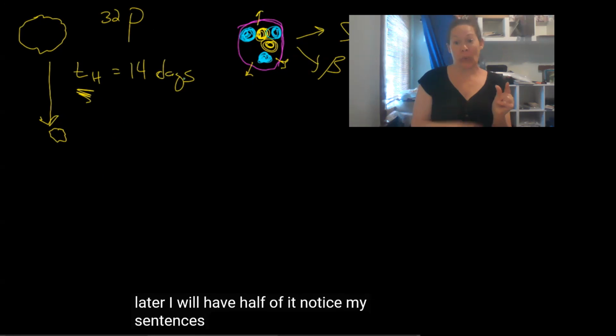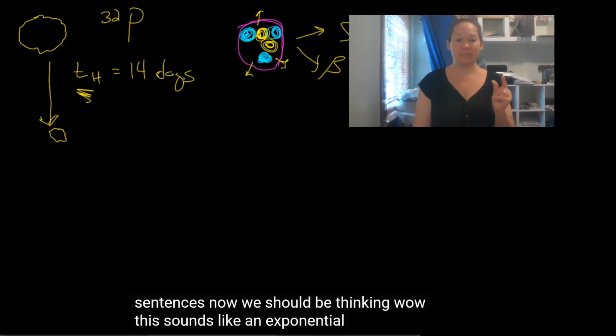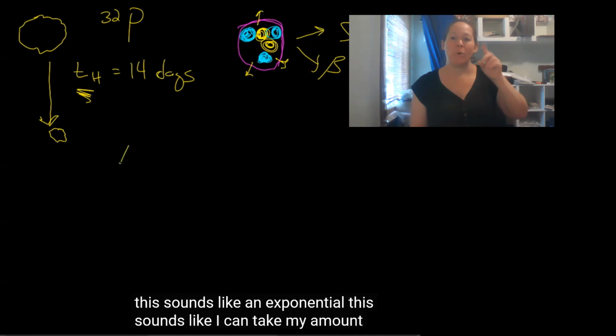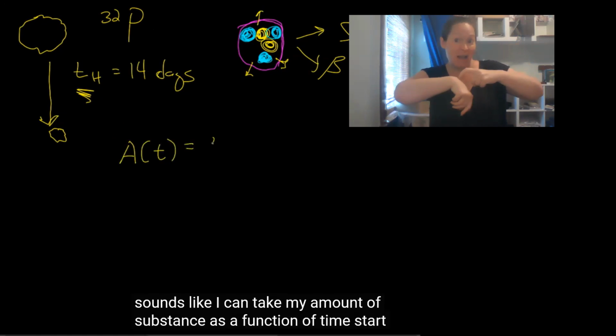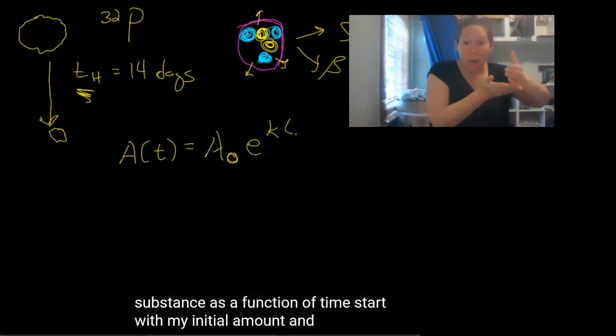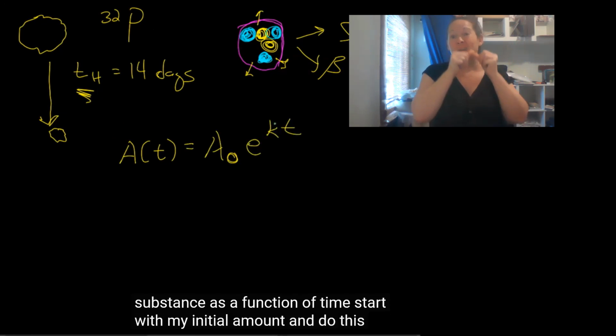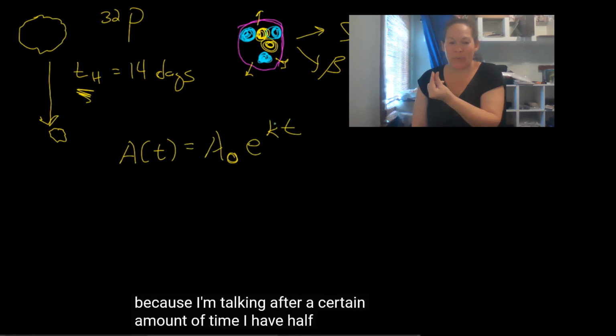Notice my sentences now. We should be thinking, wow, this sounds like an exponential. This sounds like I can take my amount of substance as a function of time, start with my initial amount, and do this. Because I'm talking about after a certain amount of time, I have half.